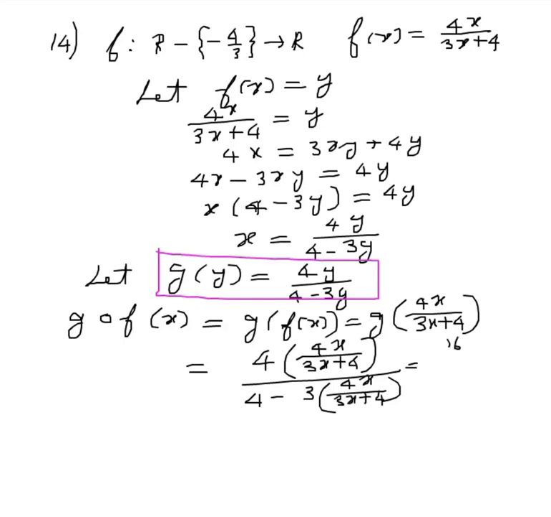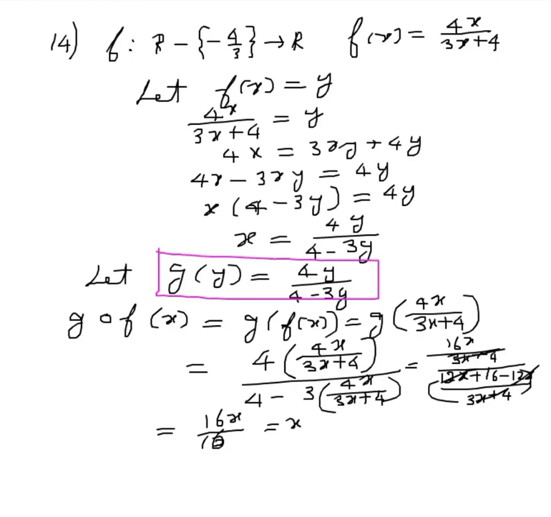Let's simplify this expression. 16x divided by 3x plus 4, and take LCM in the denominator. LCM is 3x plus 4, which gives 12x plus 16 minus 12x. We can cancel the denominators, 3x plus 4. We get 16x divided by 16, which is x.